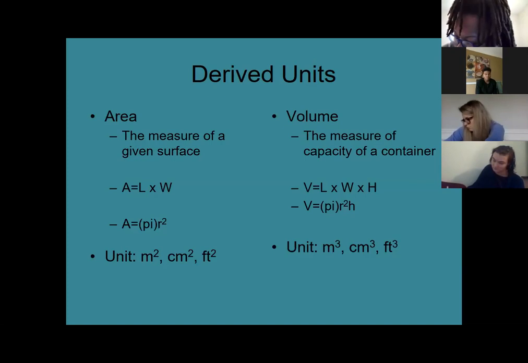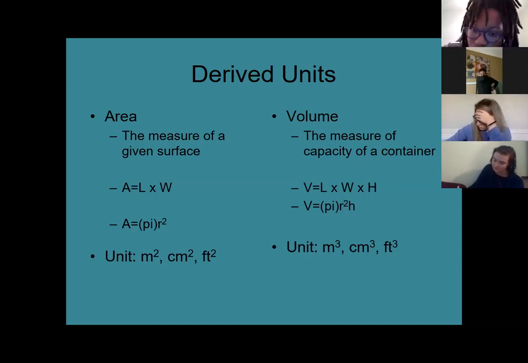Well, that's telling you how much living area that you have. So the derived unit is area, which is a measure of a surface, and the units are distance squared. So meters squared, centimeters squared, or square feet. So that's the first derived unit.